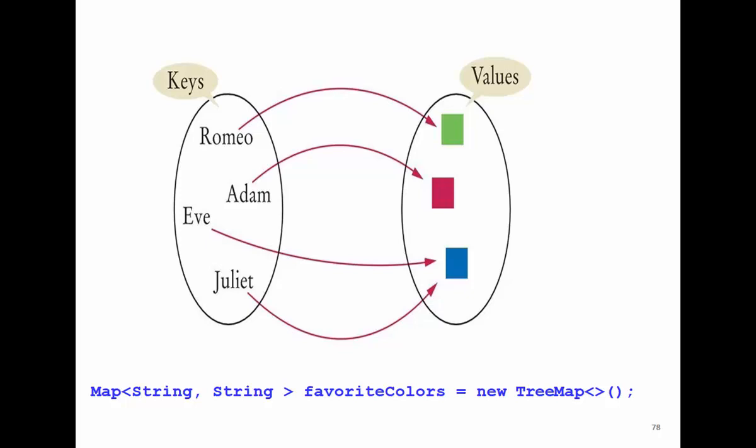Juliet will be a key, so you cannot have the same key again. It is not uniqueness for the combinations. You can try it, but again, if you understand the set, I'm telling you the key is a set inside the map.